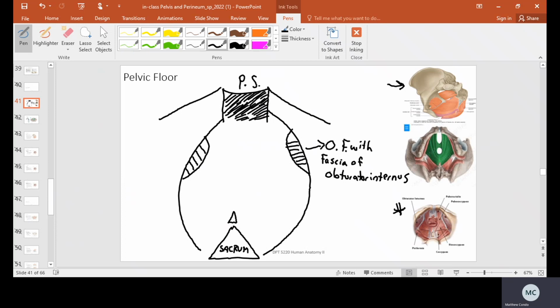Then the other things I'm going to draw in here are these two little triangles, and those are going to be ischial spines.